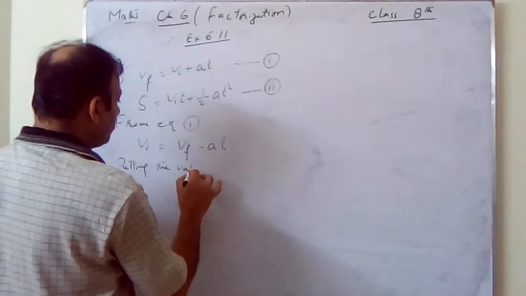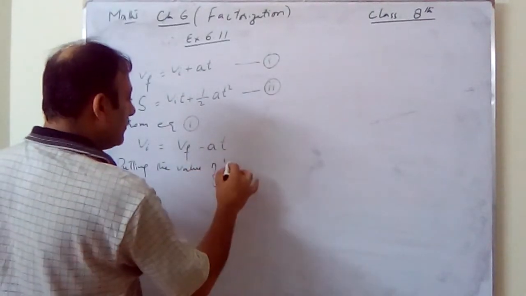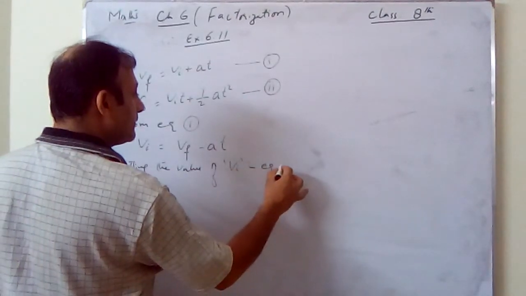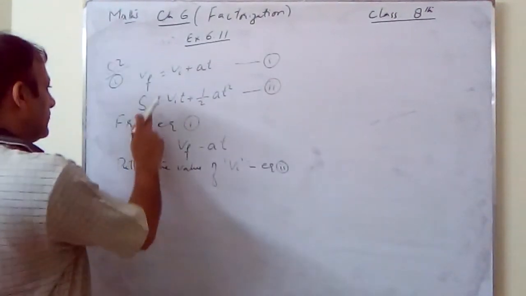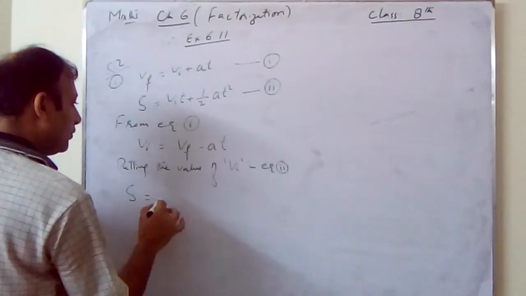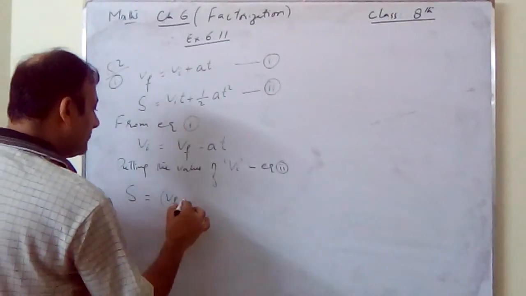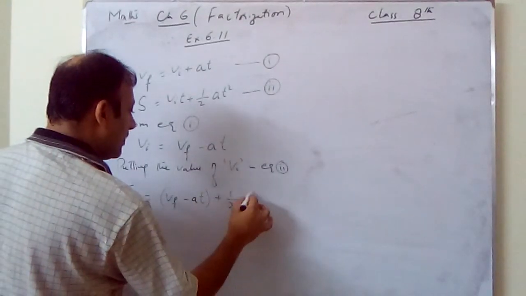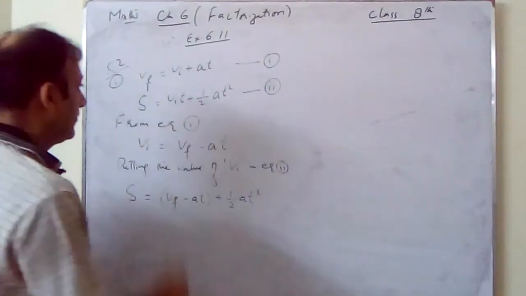Putting the value of Vi in equation number 2, S is equal to Vf minus At, plus, into T.